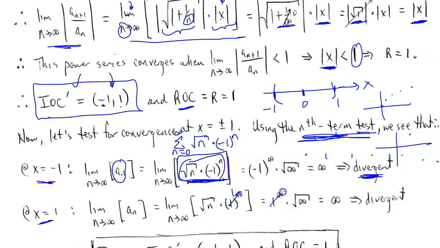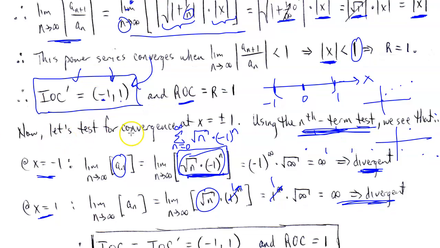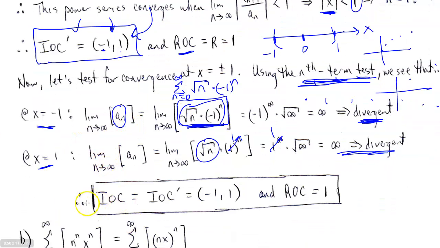I put 1 to the infinity here, but it'll still just be 1 anyway. But this square root of n here, as n gets larger, square root of n gets larger. So that's just going to be divergent as well. So what we have here for IOC prime is actually going to be our true interval of convergence here. So we say here that IOC is equal to IOC prime.